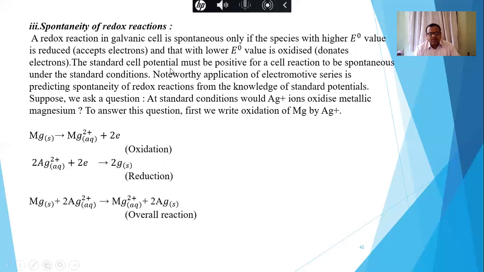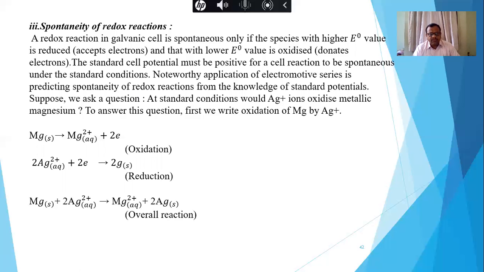The standard cell potential must be positive for the cell reaction to be spontaneous. Under standard conditions, a noteworthy application of the electromotive series is predicting spontaneity for redox reactions from the knowledge of standard potentials.